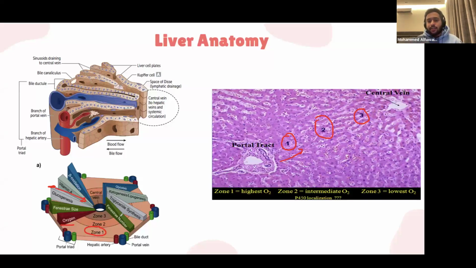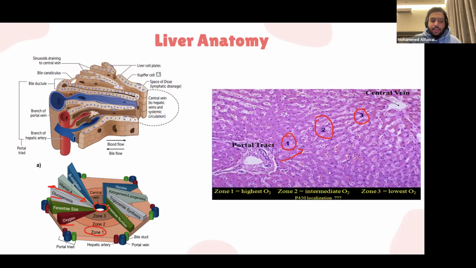Because where are you going to get the byproducts or the substrates to produce glucose? From protein digestion, from lipids, and as well, okay? So from the portal tract, you'll get the highest amount of substrates. It's going to produce glucose, and you want this glucose to go into the central vein because that's where it will go to the systemic circulation.